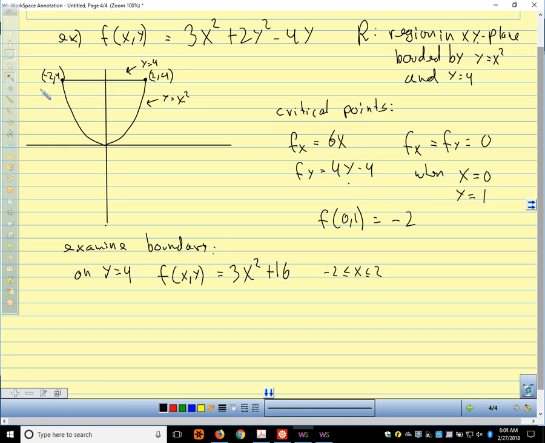So we're just going between these 2 points. f prime on the boundary is 6x. This equals 0 when x equals 0. And we already know what happens when x equals 0, right? f equals 16.